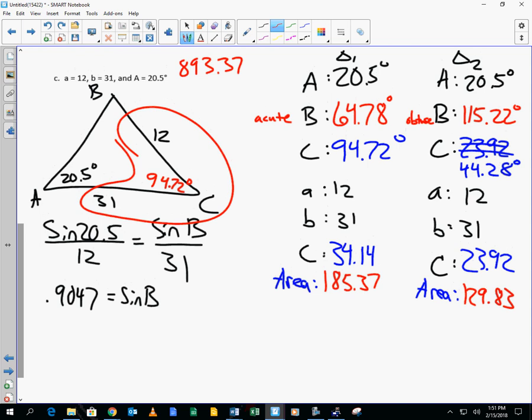Dulitzer, which numbers did you use? Whoa. 0.5 times... So this angle B was 115.22, okay? Yeah, not two angles. Got it. All right, very good.